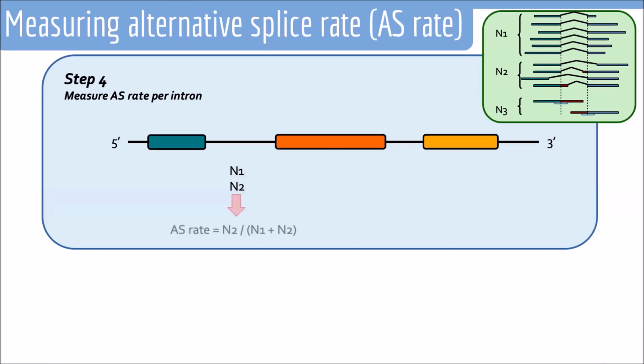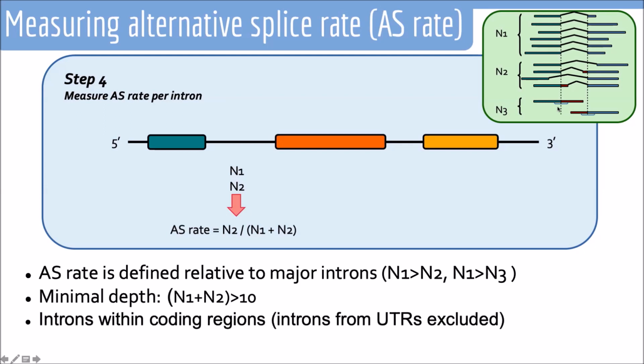So in the end, for each intron, we computed the rate of alternative splicing, so N2 divided by N1 plus N2. So we computed the rate of alternative splicing relative to the major introns for each gene.